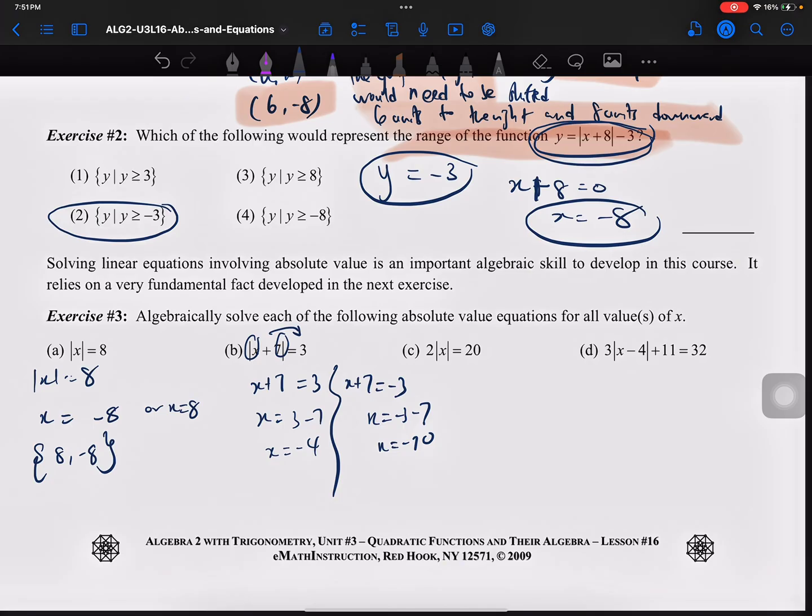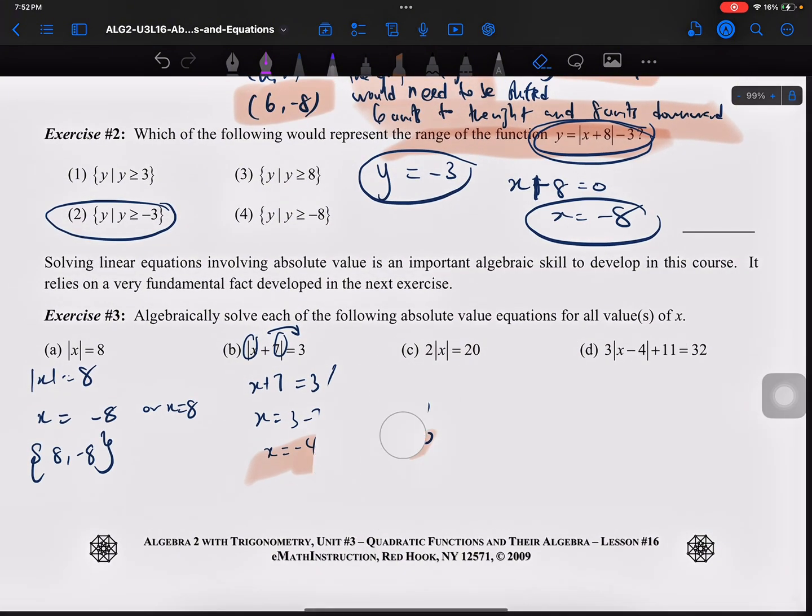Okay, solution is these two. So C, you have 2 absolute x equal 20. Isolate the absolute value. So you have 20 divide 2, which is 10. So you need to break up these two into two: one minus 10 and one 10. So x is minus 10, x is 10.